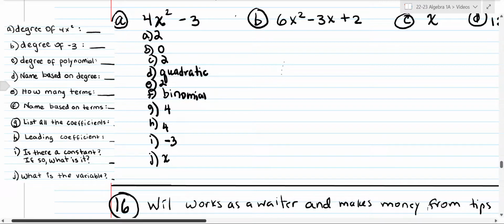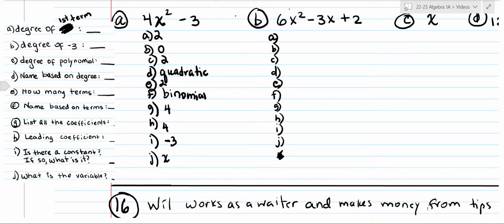All right, we'll ask the same questions for B. First, I'm going to write the letters. Alrighty, so for the degree of 4x squared, let's see the degree of the first term. The degree of the first term is going to be 2, because the exponent is 2. Then I wrote the degree of negative 3. How about the degree of the second term?